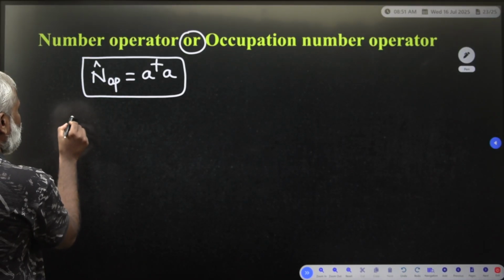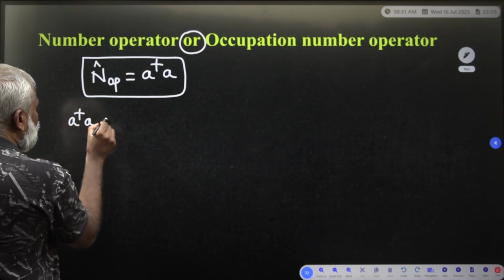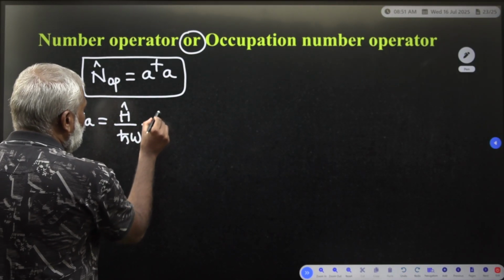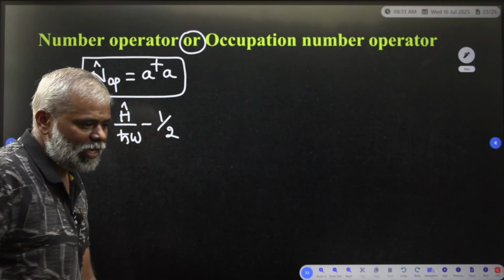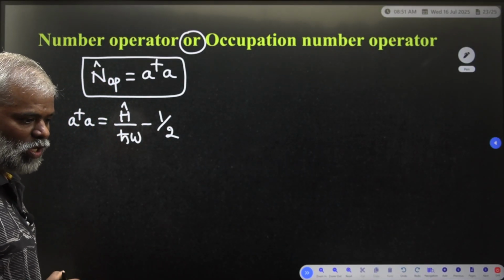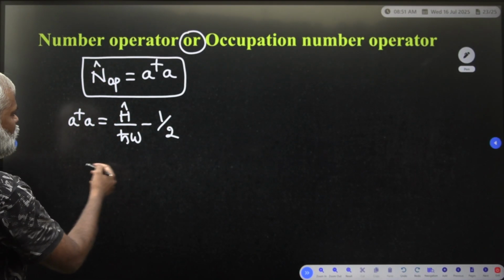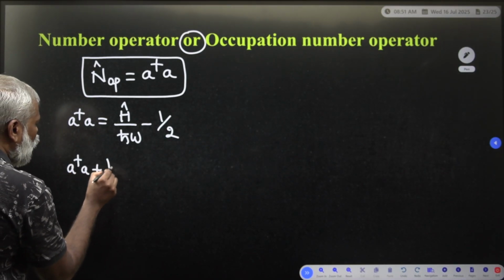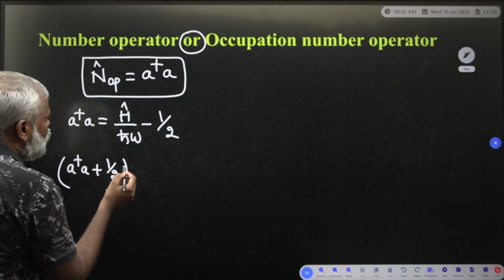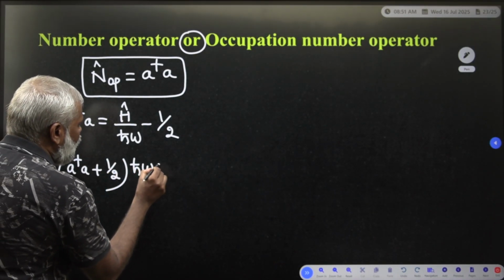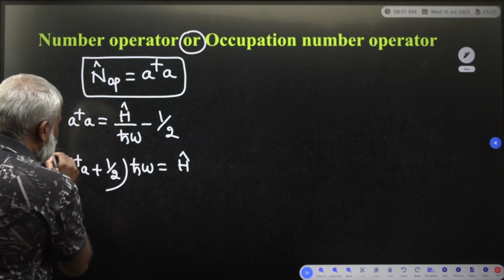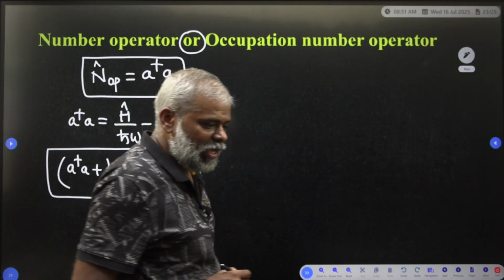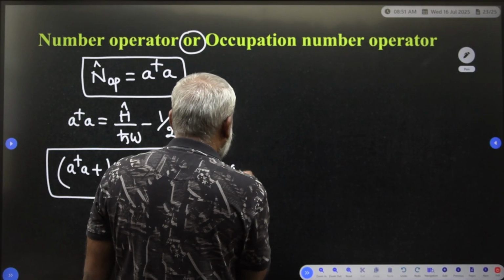We already know A dagger A equals H cap by H cut omega minus 1 by 2. So H is A dagger A plus 1 by 2, into H cut omega, equal to H cap. This is the Hamiltonian operator. This is equation number 1. Which equation?